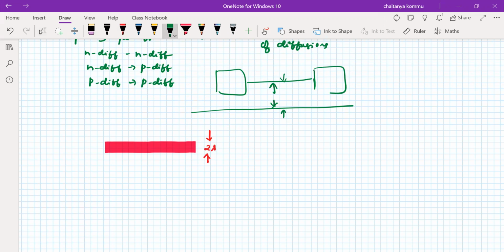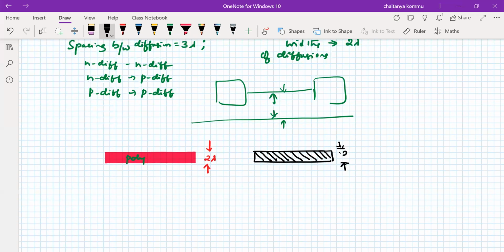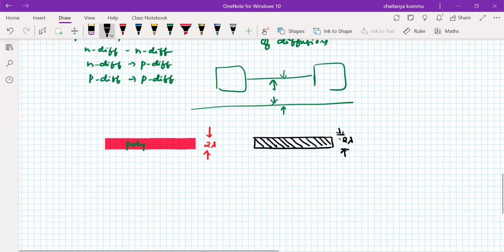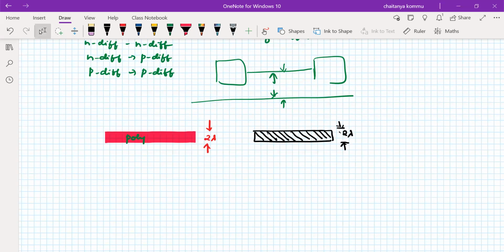It is poly. If we don't have any colors, then we have to use backward slashes. So minimum width should be 2 lambda. Forward slashes are meant for diffusion, backward slashes are meant for this one. It's very important to note that.